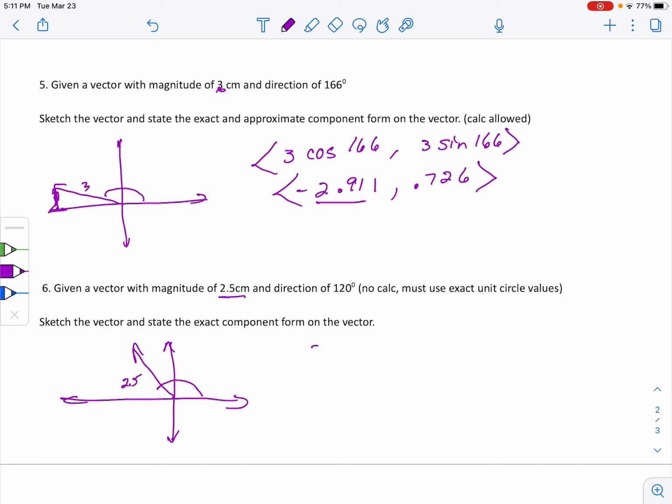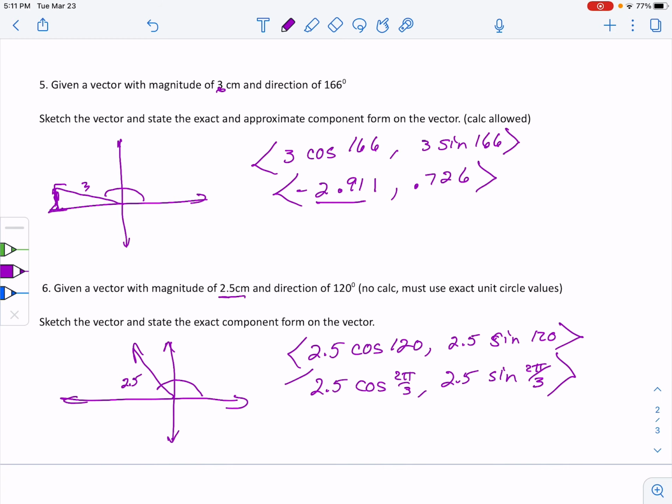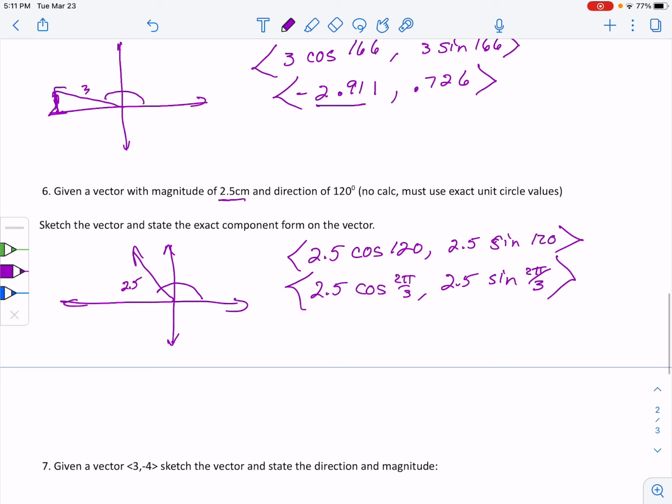So my components are 2.5 times the cosine of 120 and 2.5 times the sine of 120. Well, I don't know the sine and cosine of 120 exact, but I do know that that's 2 pi over 3. And the cosine of 2 pi over 3 is negative 1/2.